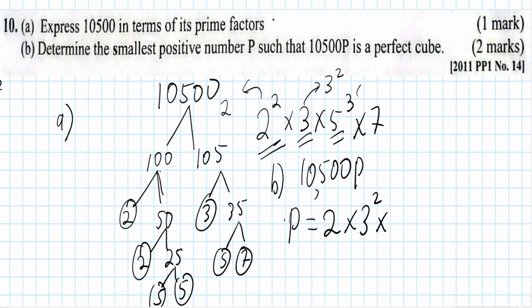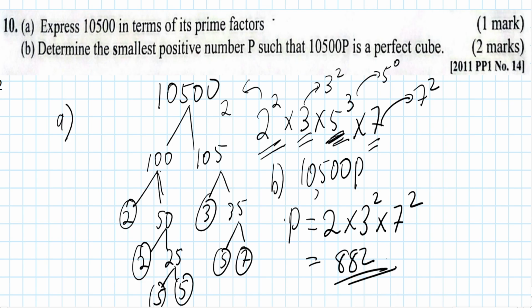For 5, it's just 5 power 0, which is just 1, which you don't need because it's already cubed. For 7, because it's 7 power 1, you need 7 power 2. So you add 7 power 2 to it. So the answer for P is going to be 2 times 3 squared times 7 squared, which is 882. So as simple as that.